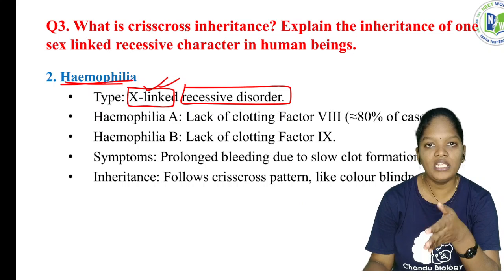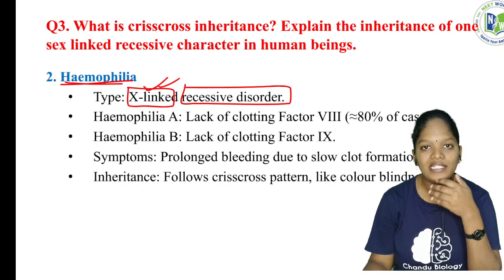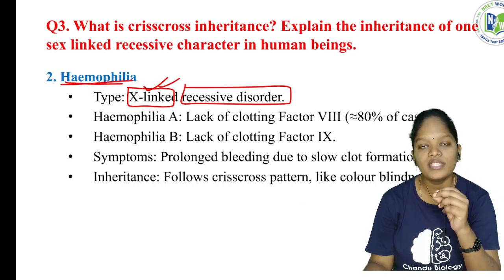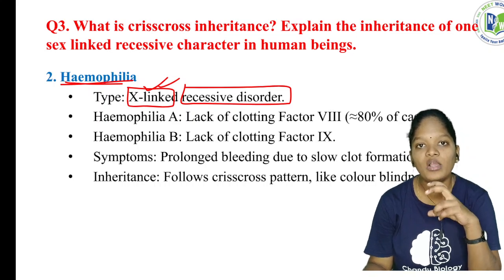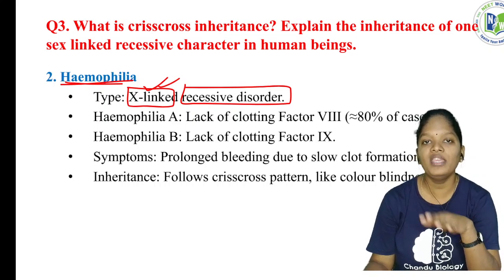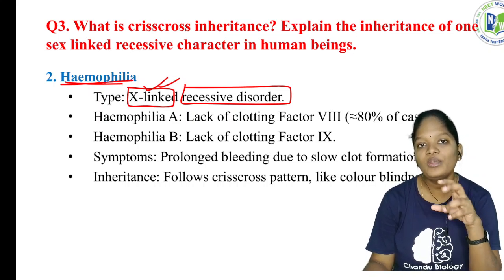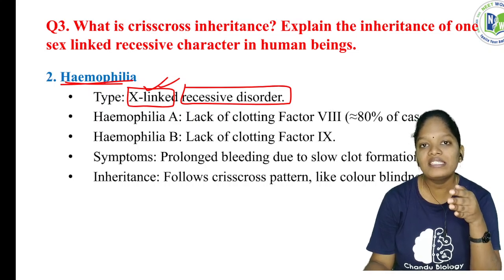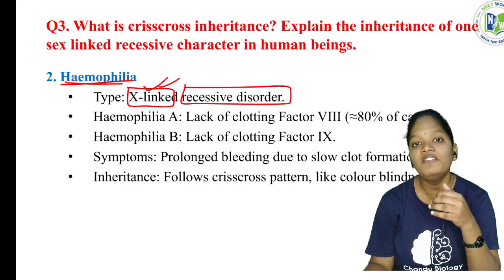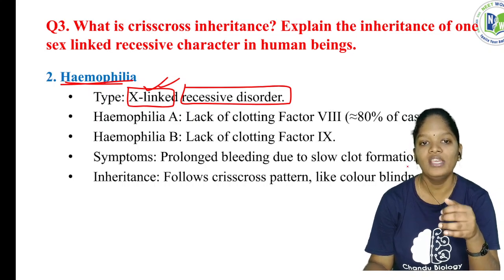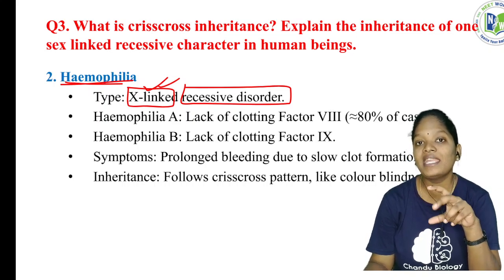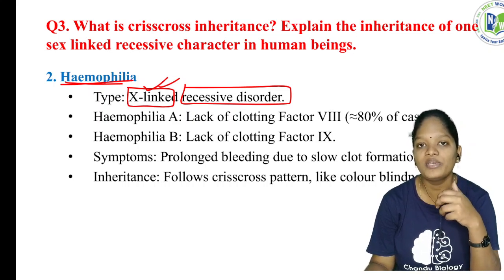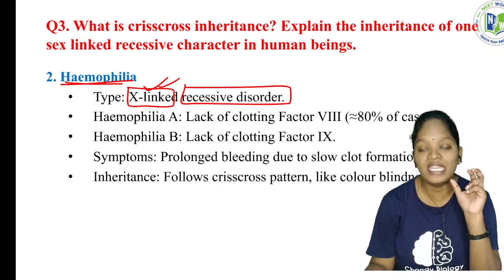If a particular person accidentally cuts his hand, within a few seconds or minutes the blood has to clot. But the person experiencing hemophilia, if he accidentally cuts his hand, the blood will not stop. Which means there is an absence of the clotting factor in the body of the person who is affected with hemophilia.